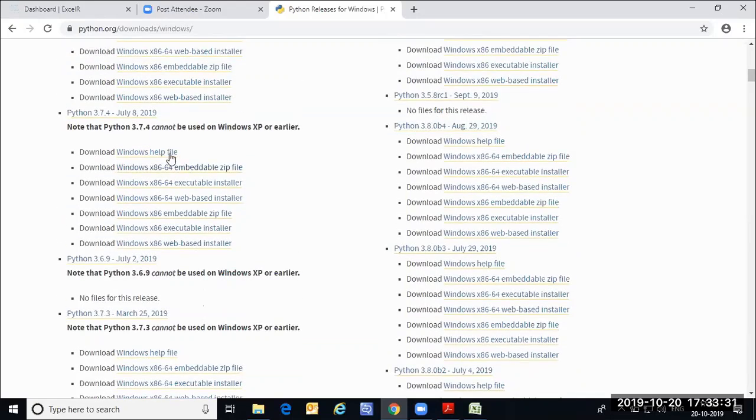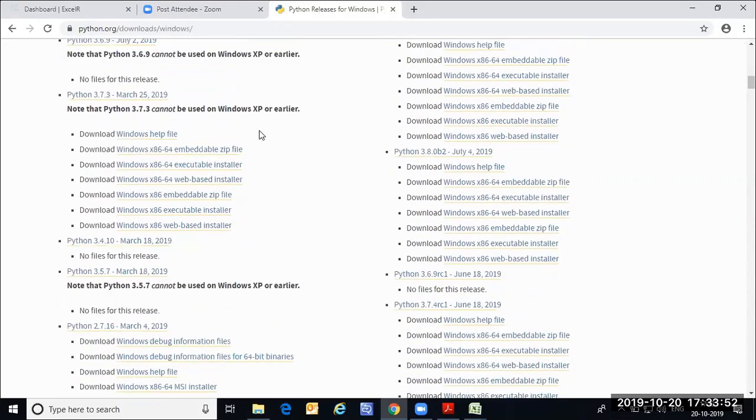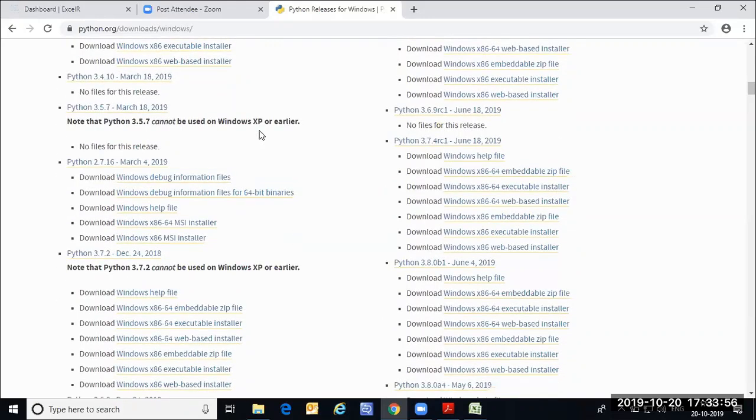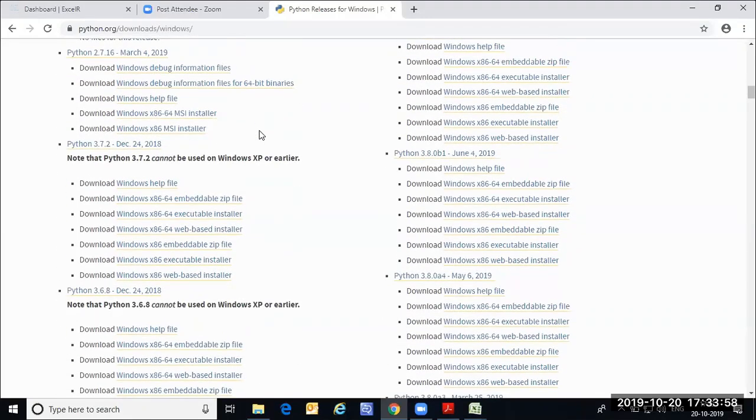there are some disclaimers. See, Python 3.7.4 cannot be used for Windows XP or earlier versions of Windows, earlier operating systems of Windows. Just be cautious about the type of operating system you are in and the version which you're downloading for installation. Nobody is on XP.